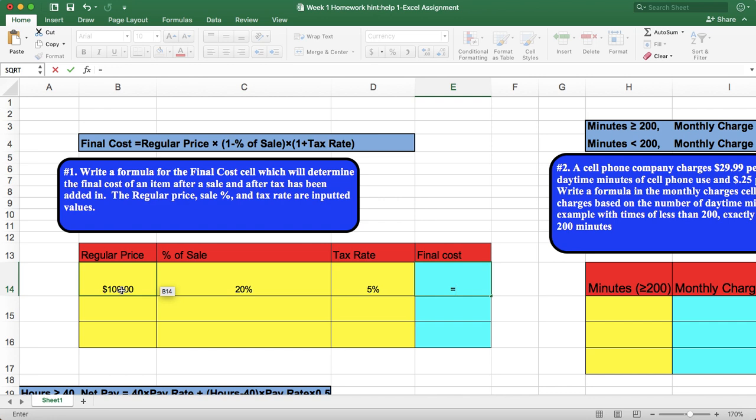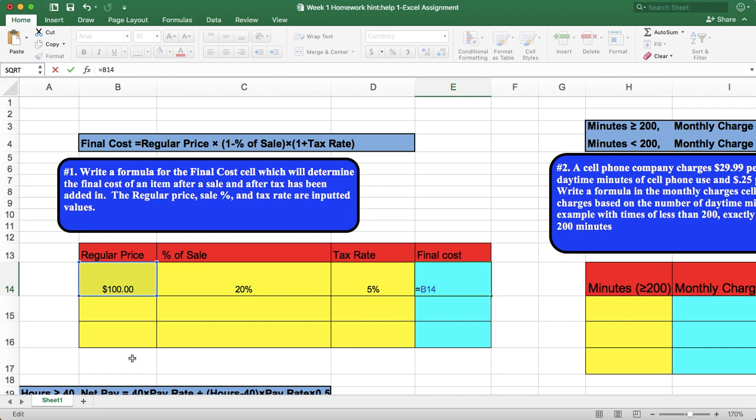Click this cell and then times. First, we need to type equal. Every time you want to do a calculation and use a formula, first type the equal.